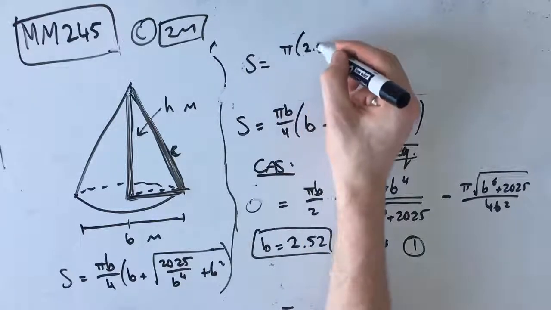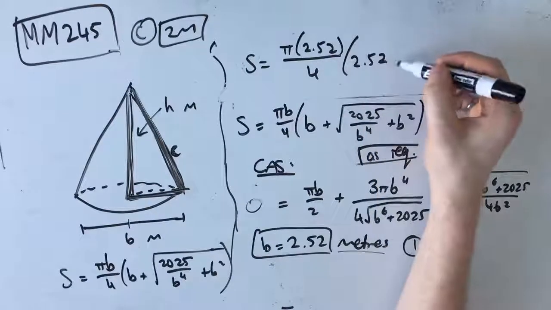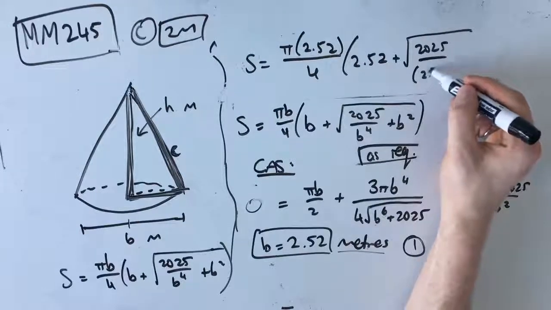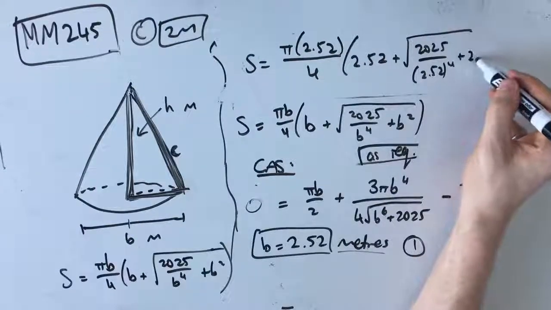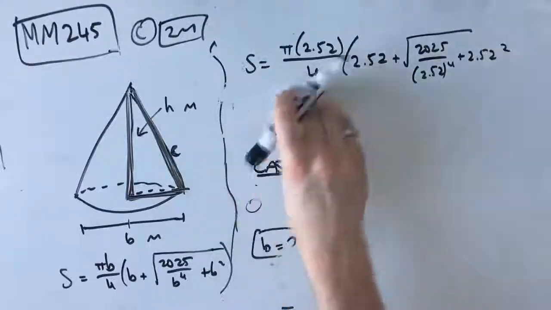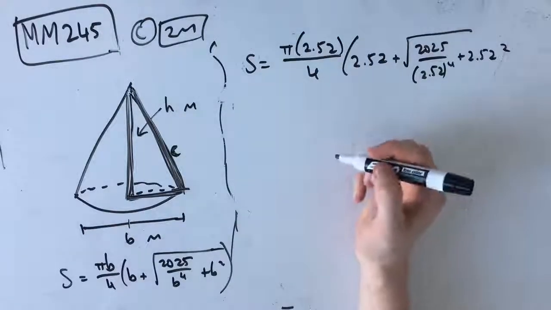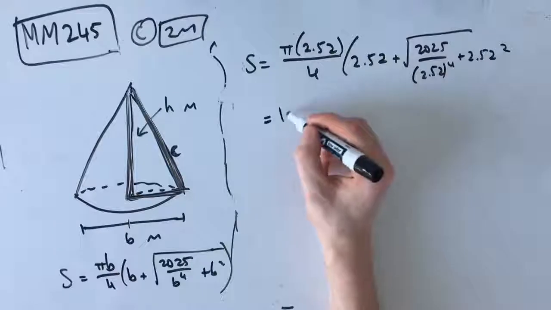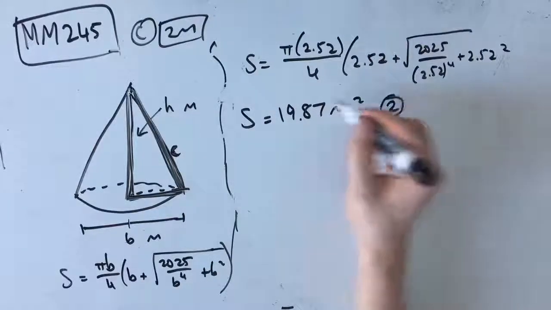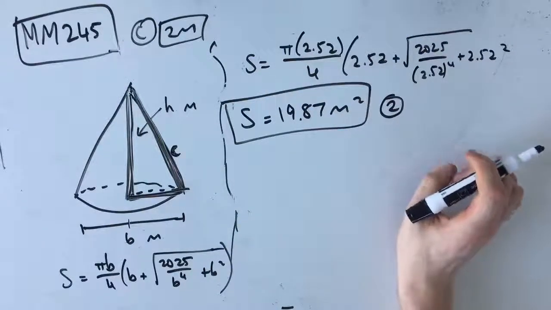So we get pi times 2.52 over 4 outside of 2.52 plus root 2025 over 2.52 to the 4, plus 2.52 squared. Keeping in mind that we need to answer correct to 2 decimal places, we get 19.87 meters squared. That is our second mark and final answer. So S equals 19.87 meters squared. That's our final answer for part C.